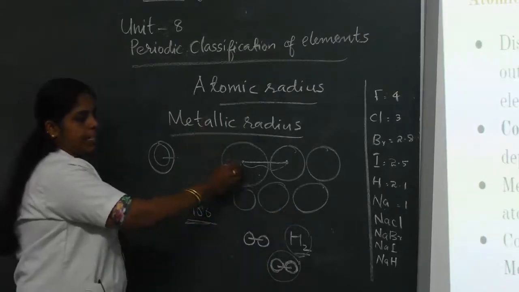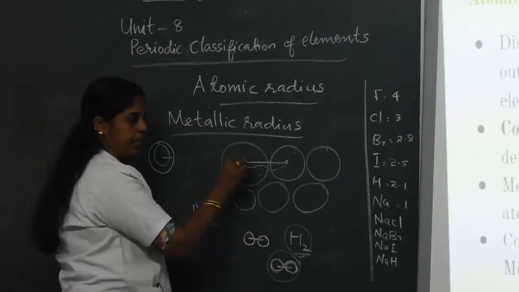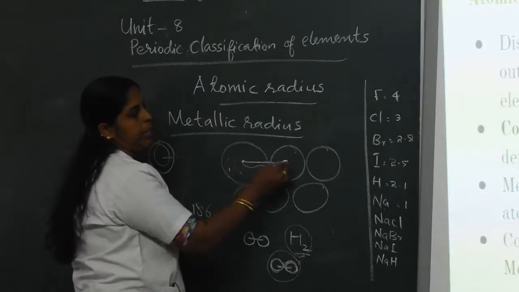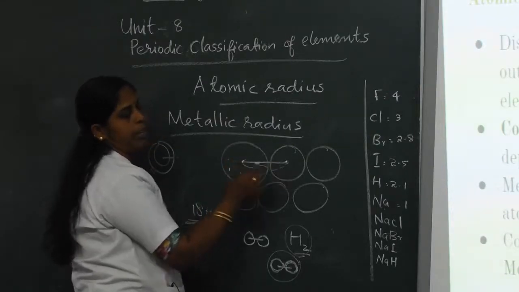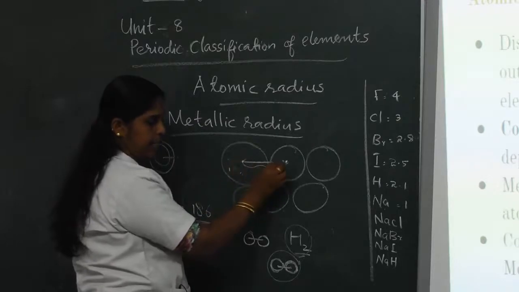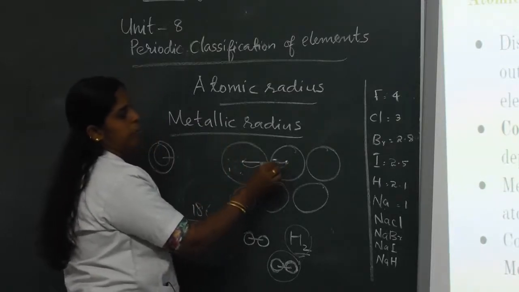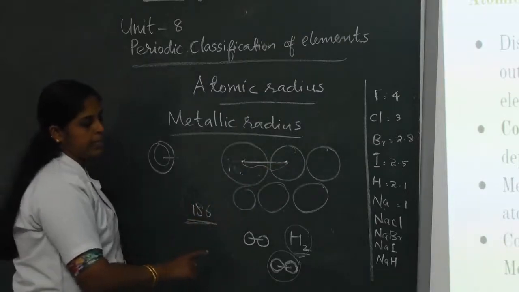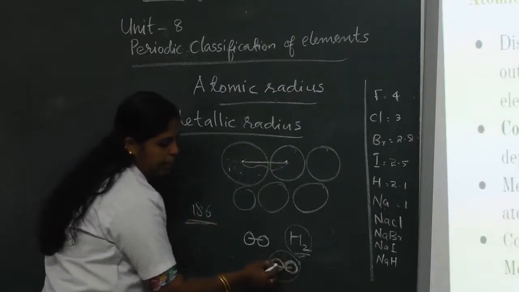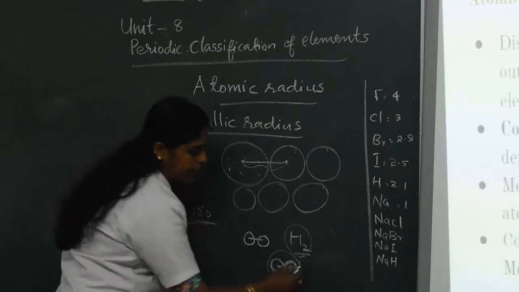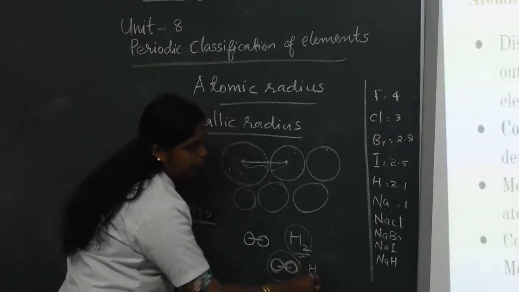What is metallic radius? Half the distance between adjacent atoms in a metal lattice is known as metallic radius. Non-metallic means in a covalent bond, the atoms combine, sharing together to form molecules.